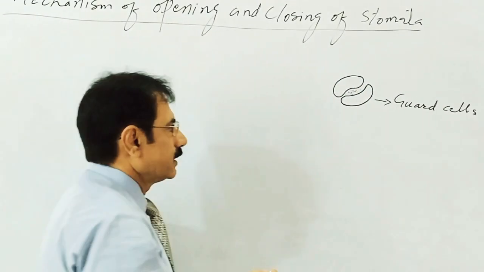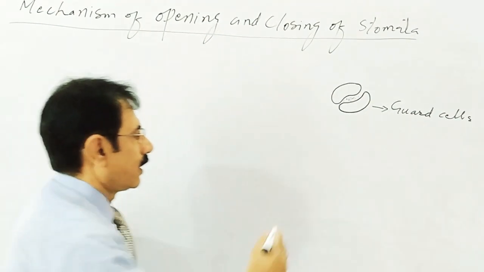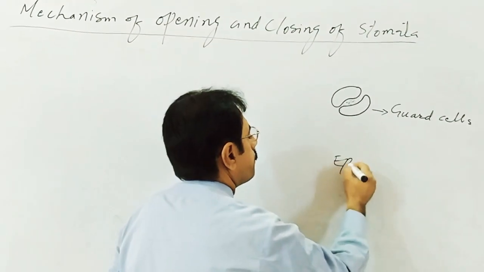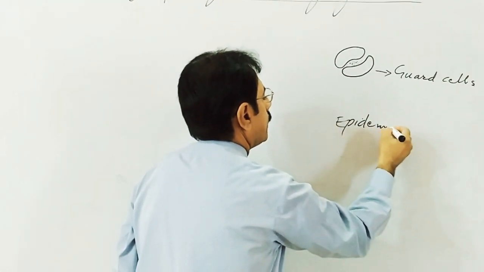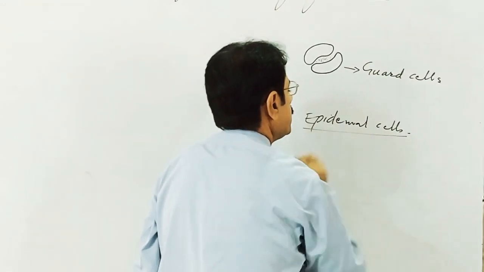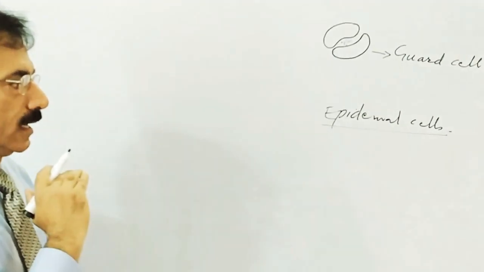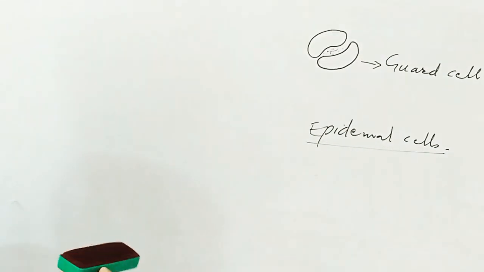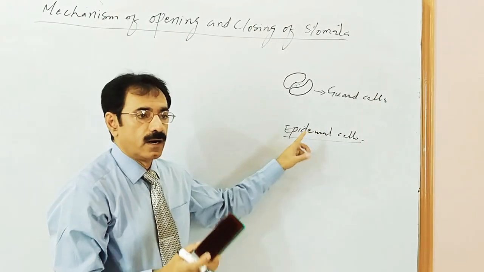The guard cells are epidermal cells. Dear students, the leaf epidermis is the outermost cellular layer of the leaves.